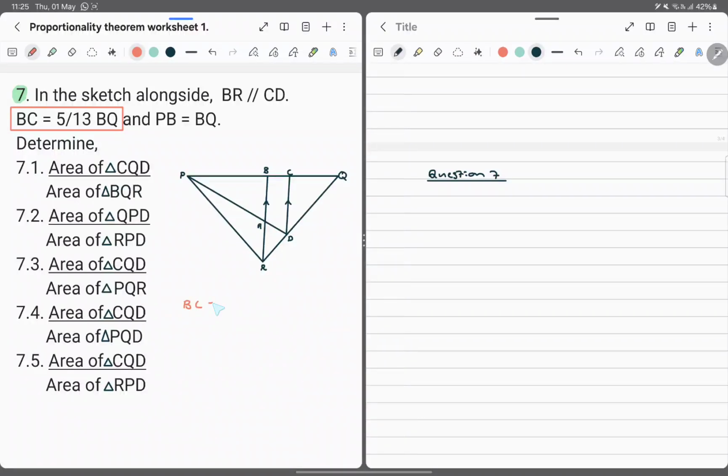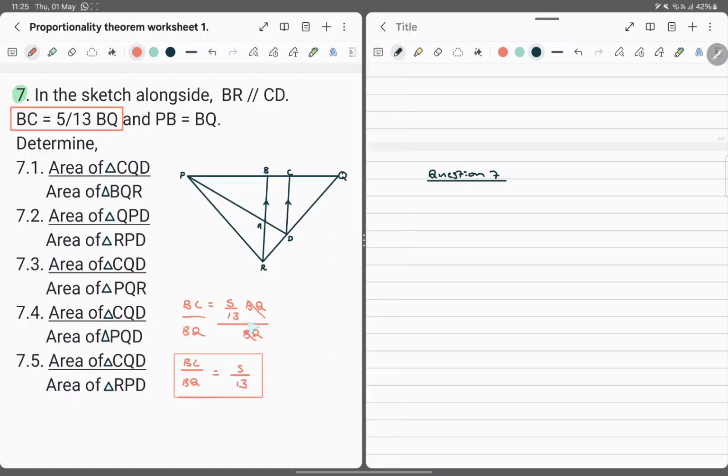If we've got BC is equal to 5 over 13 BQ, just divide both sides by BQ so that this is an easy ratio to see. That means BC over BQ is nothing but 5/13. Now this one is easier to deal with.